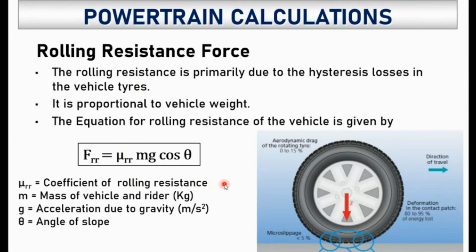And then accordingly you can spend time to find out what the value is. The point that we wanted to state is that there are standards for all these. We should ideally not assume any information. We should look at the standard and then take the data. So this is for the rolling resistance force.